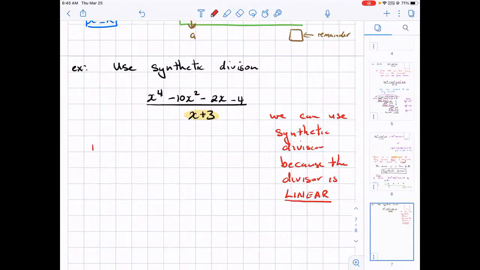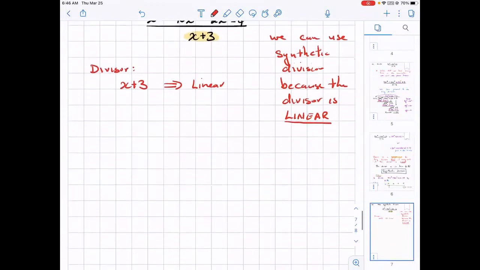Now your divisor is x plus 3. If we take x plus 3 and set it equal to 0, we get x is equal to minus 3.